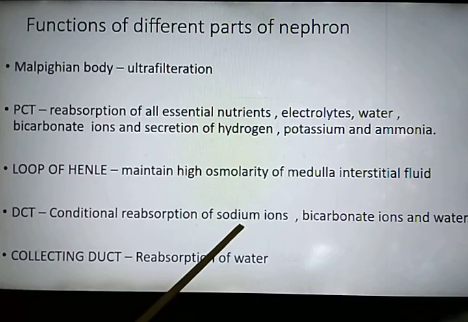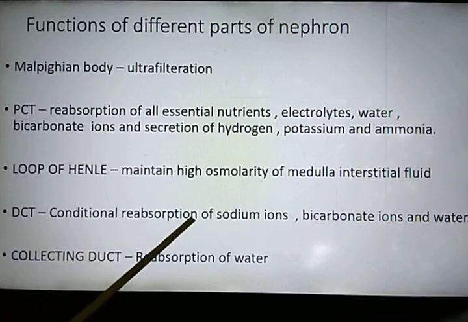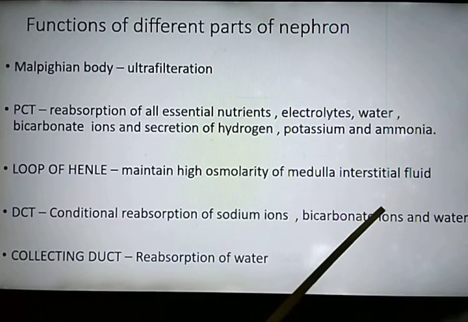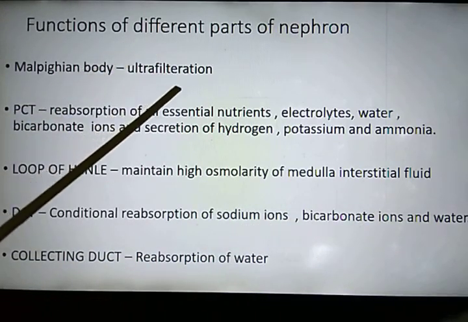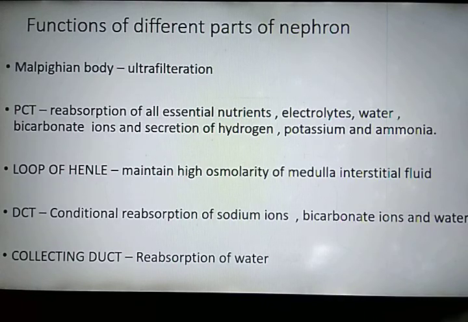Angiotensin 2 in turn stimulates the adrenal gland to produce aldosterone, and this aldosterone causes the DCT, distal convoluted tubule, to reabsorb sodium ions and water. And the reabsorption of sodium ions and water from the distal convoluted tubule into the blood causes an increase in blood pressure and glomerular filtration rate.